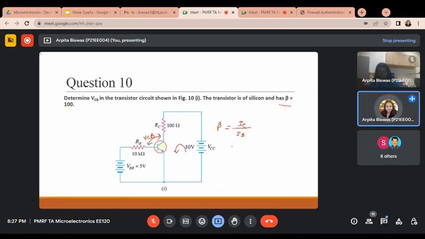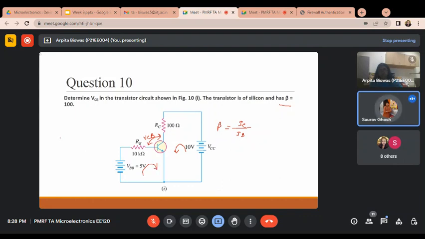Now tell me what is the value of IC and how to calculate it. Ma'am, first we have to find the value of IB, that is the base current. If we take the input loop, it will be VBB minus VBE by RB. So VBB is given as 5 volt, 5 minus 0.7 by 10 kilo ohm. The IB value is 0.43 milliampere.